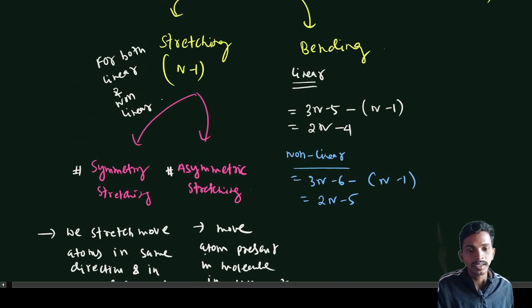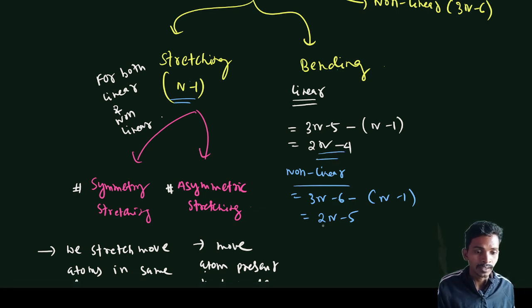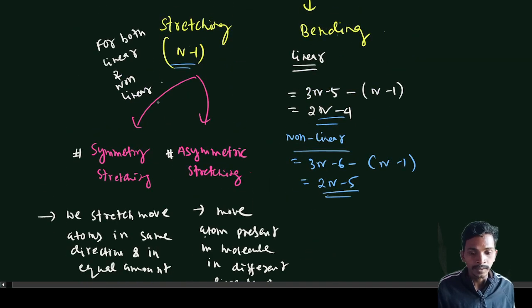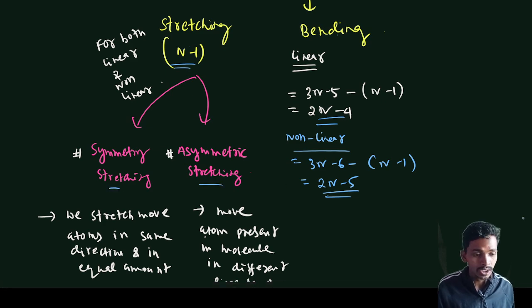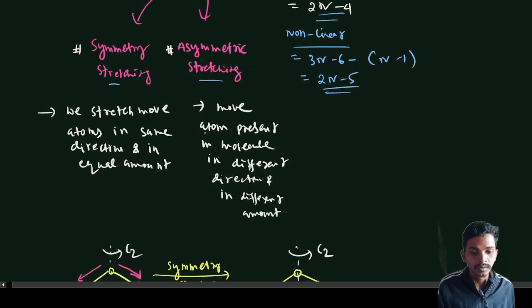So we have discussed that stretching is n minus 1 and bending is 2n minus 4 for linear and 2n minus 5 for non-linear, and that stretching can be done in two ways, either symmetric or asymmetric stretching.